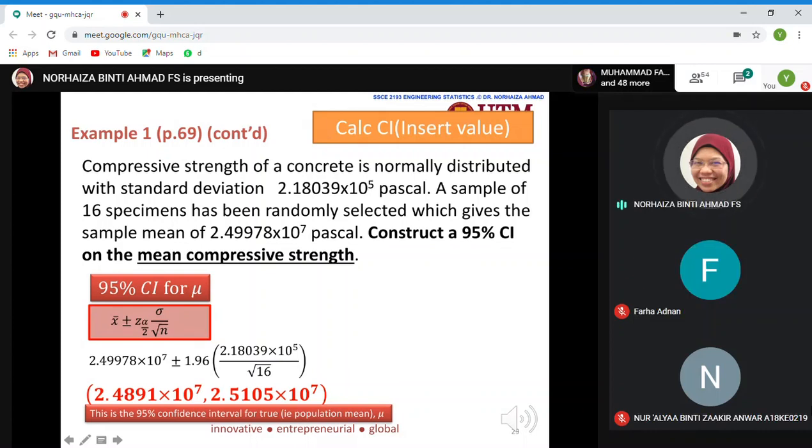So, is it possible that the true mean compressive strength is 2.5 times 10 to the 7?